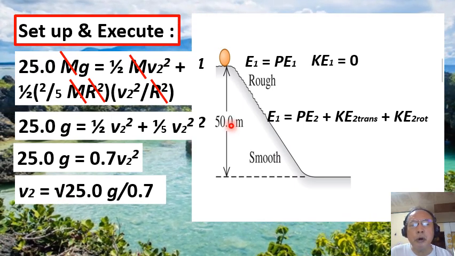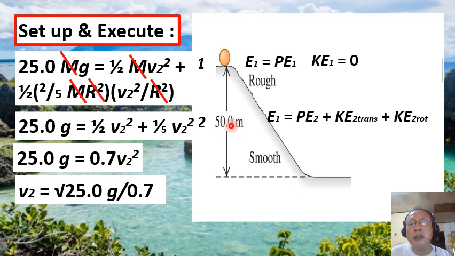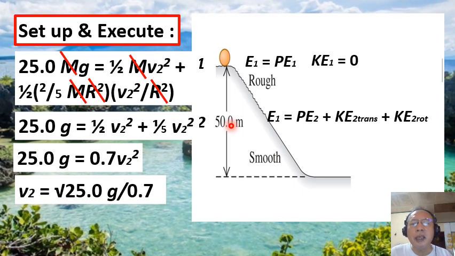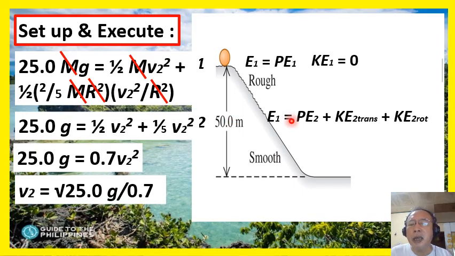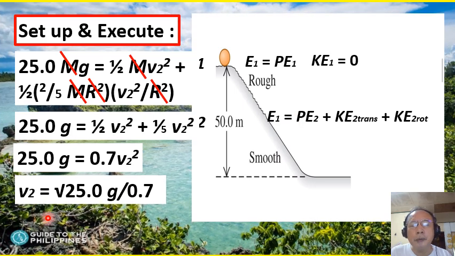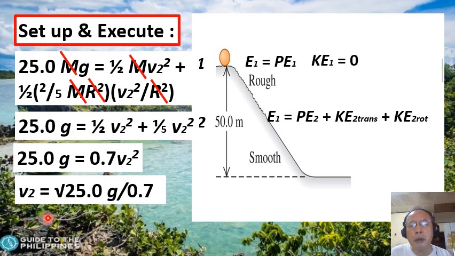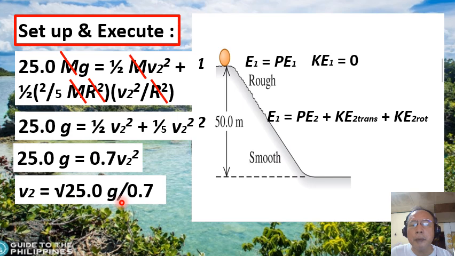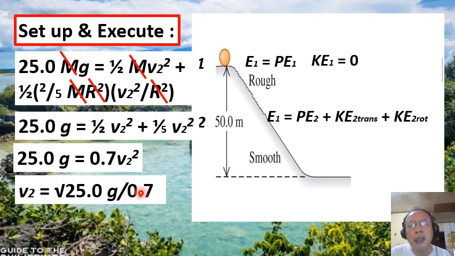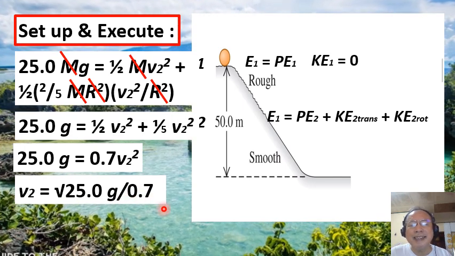So v sub 2, or the translational speed of the boulder when it reaches exactly level 2, is simply equal to the square root of 25.0 multiplied by acceleration due to gravity g divided by 0.7.